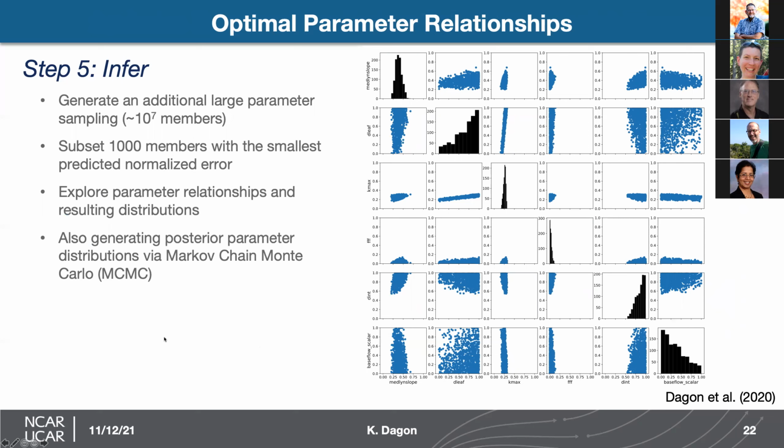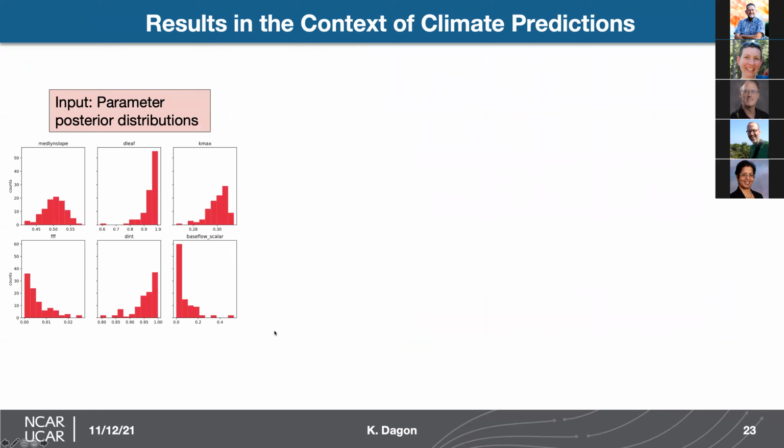But we can also do a more formal Bayesian inference and use something like Markov chain Monte Carlo to generate parameter posterior distributions. So that's what I'm showing here. These are all normalized parameter values on the x-axis. So 0 is the minimum value, 1 is the max. But still, it gives you a sense of where the optimization is pushing the parameter space.